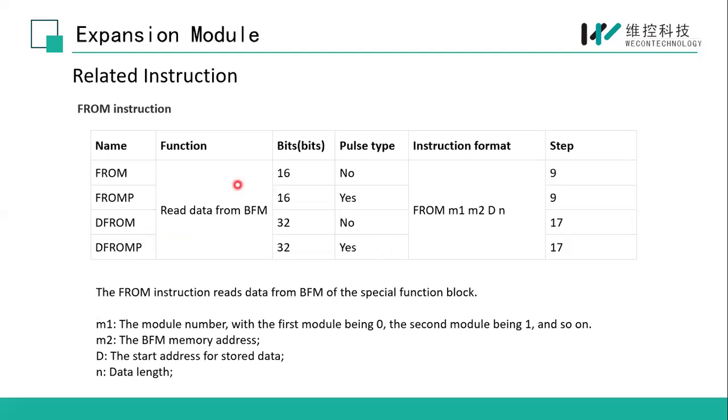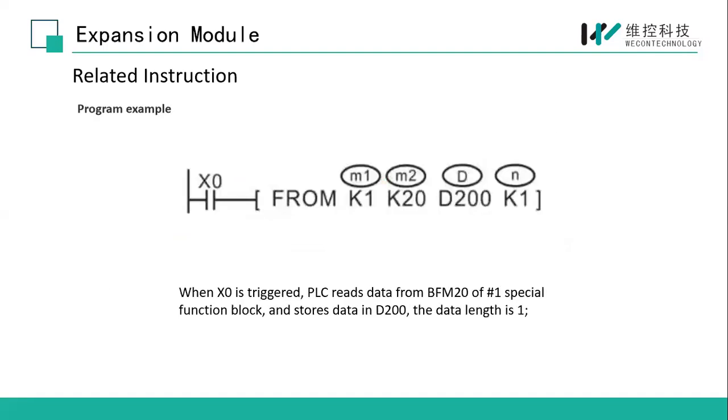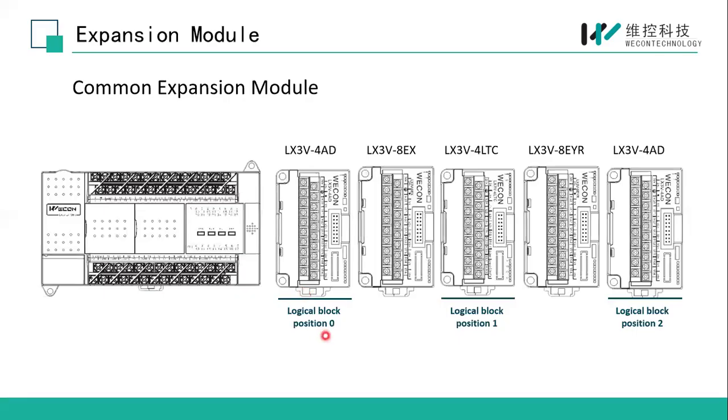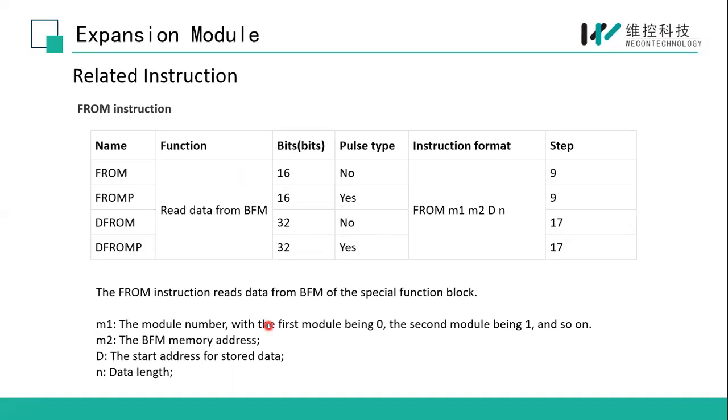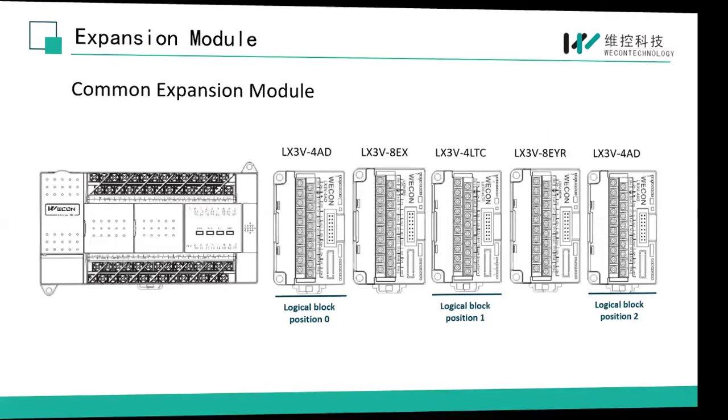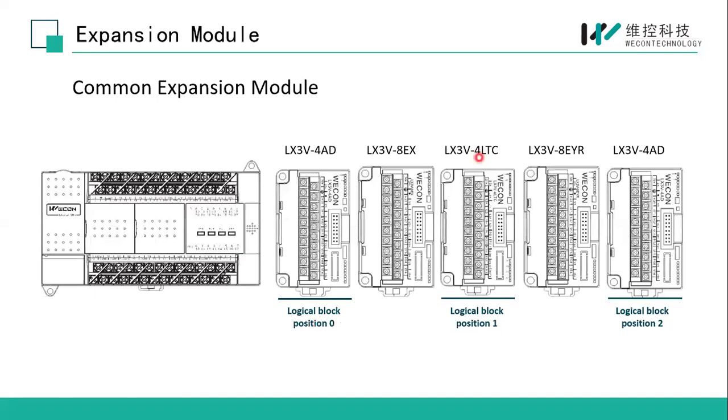The first parameter is the module number. As I mentioned, the position 1. So if we want to read the value from the 4AD module here, for the parameter M1, we set K0. And if we want to read the value from the 4LTC module, the parameter M1 is K1.